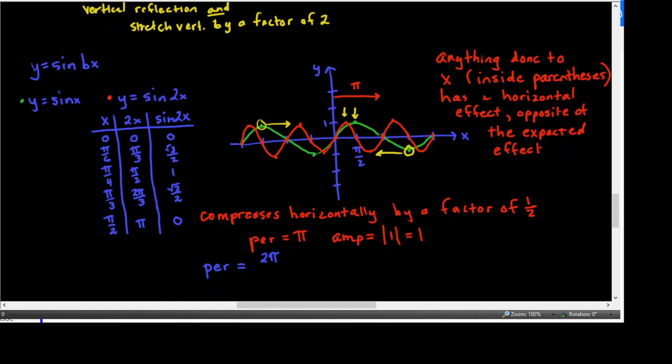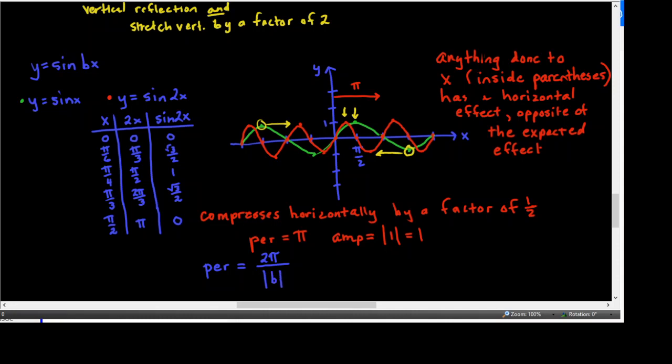And so it makes the period half as much. So in a general sense, the period will always be for sine and cosine the normal period, which is 2 pi, divided by the absolute value of b.